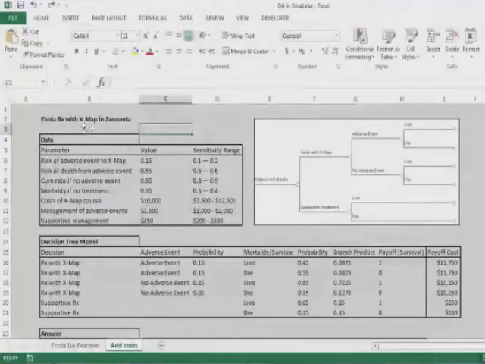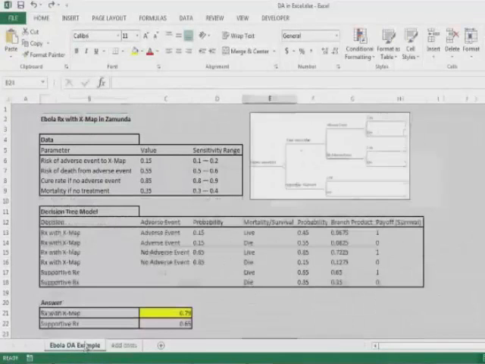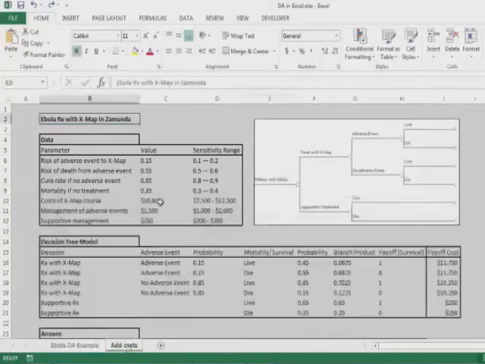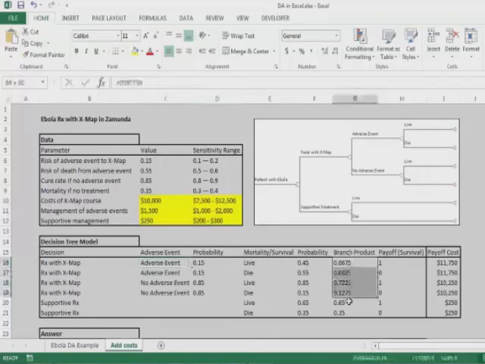So we have our example. In the previous part, we had this spreadsheet in which we calculated the survival and we did not have cost estimates, but now we have added cost estimates to the spreadsheet. The mathematics doesn't change up to the branch product, and we have our payoffs still included in survival, but we have new payoffs, and these new payoffs are a reflection of the different costs.